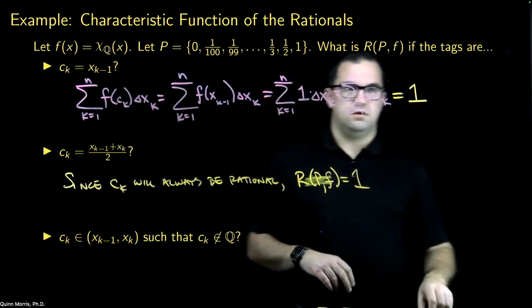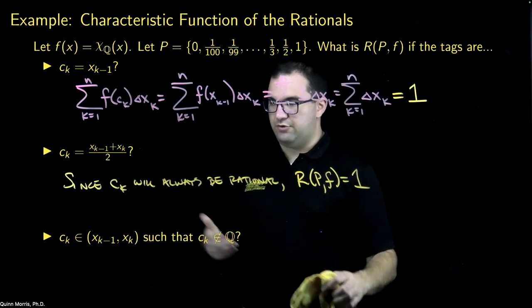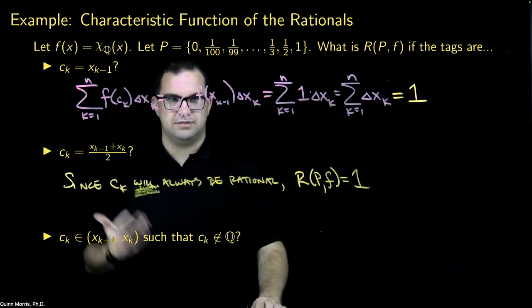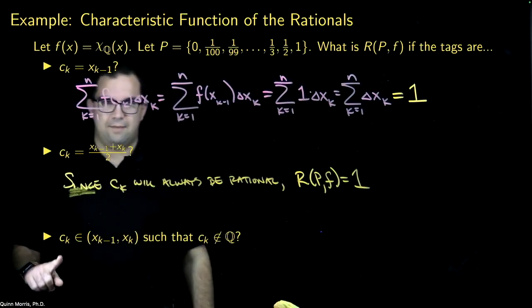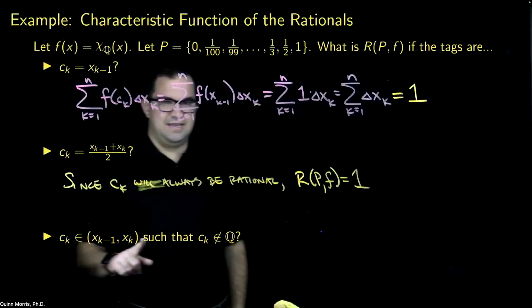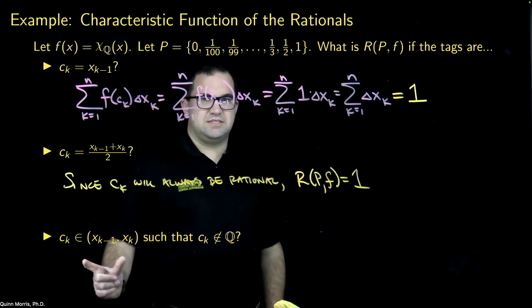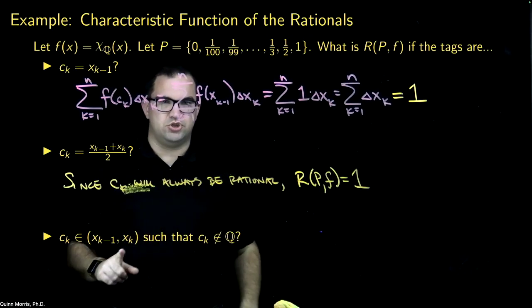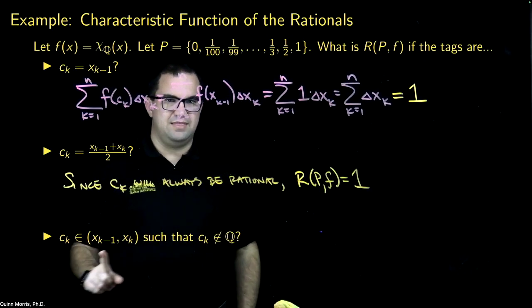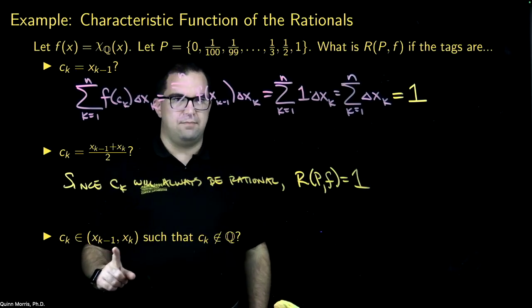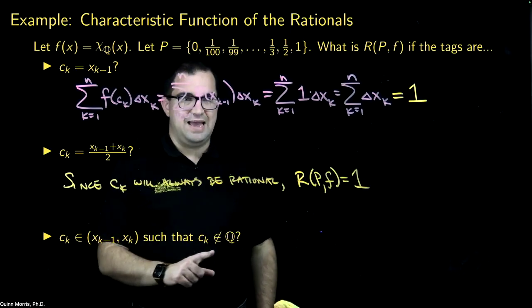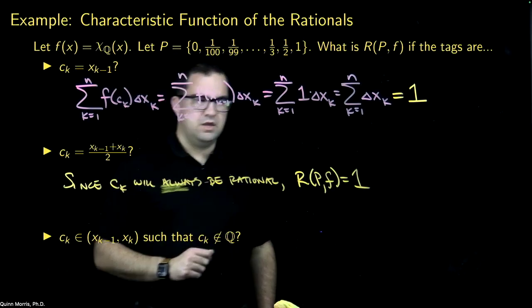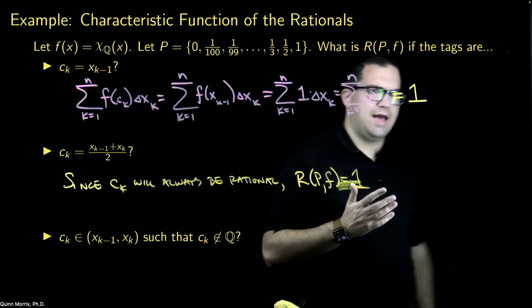Okay. All right. Now, lest you think every Riemann sum here is going to have the value of 1, what would happen if we chose our C sub k's, and we get to choose them from the closed interval, but this time I'm going to choose my tags so that they're in the open interval x sub k minus 1 to x sub k, and they are not rational. Now, the first question might be, how do you know you can do that?